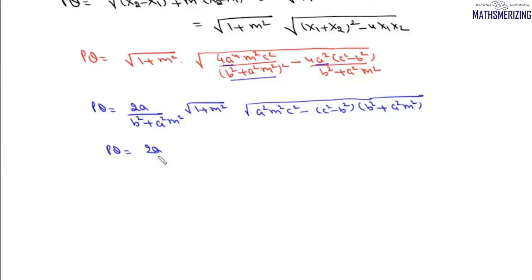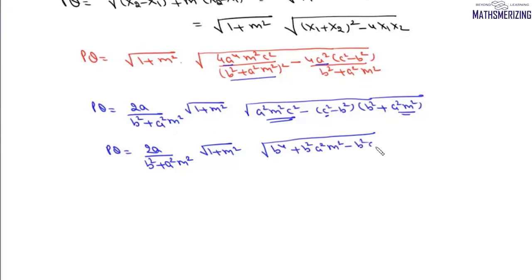We can write this as 2a upon b square plus a square m square into under root of 1 plus m square. Now here in this case, a square m square c square and a square m square c square will cancel. So we'll get b to the power 4 plus b square a square m square minus b square c square.